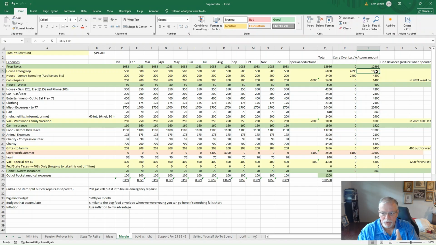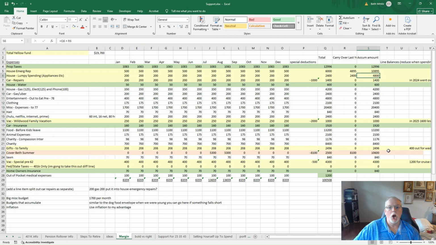So what's going to be great is the margin that's going to be built in next year. And it actually happens that next year we're going to go on an Alaskan cruise with some friends. So normally I only have like $4,000 a year put away for these special vacations, $4,800 a year. But I did spend that all this year. What I'm going to do is take some of this money that I'm going to have extra next year, assuming I don't get any big, massive bills, and I'm going to use that to help fund that Alaskan cruise a little bit.